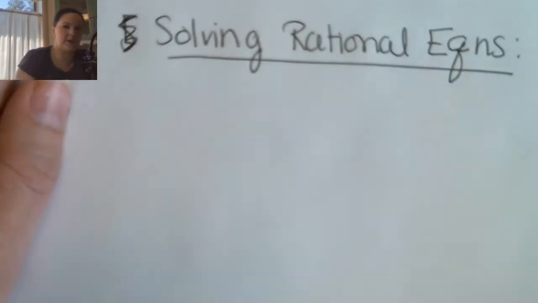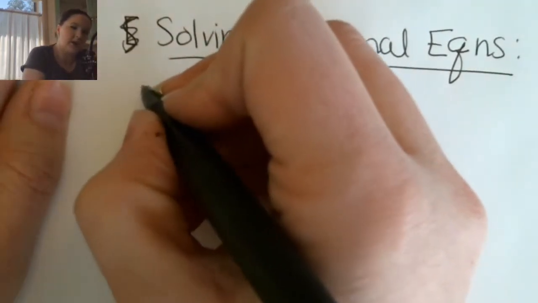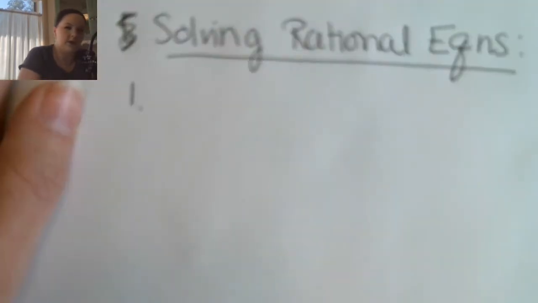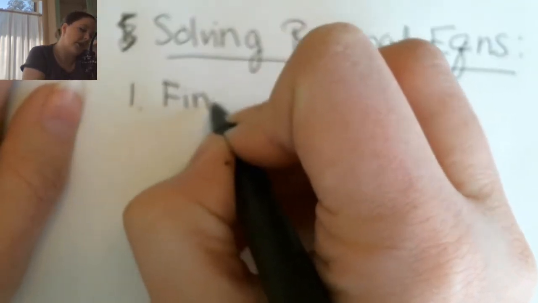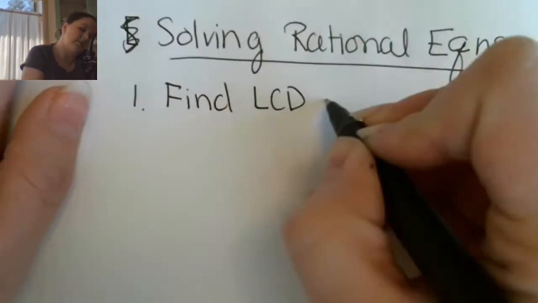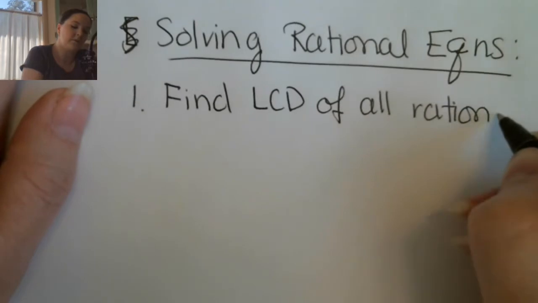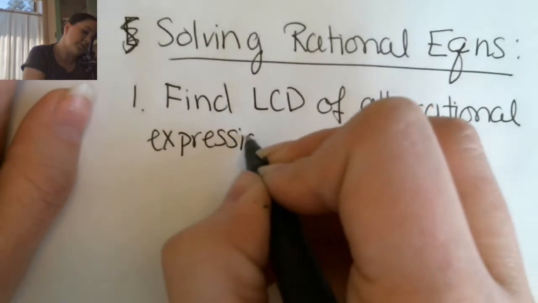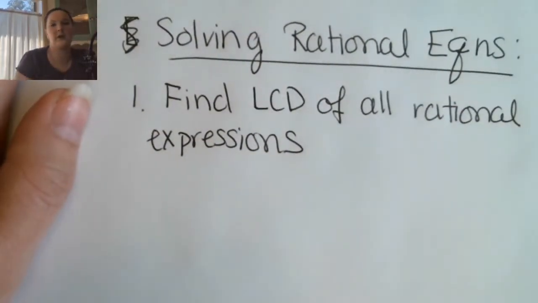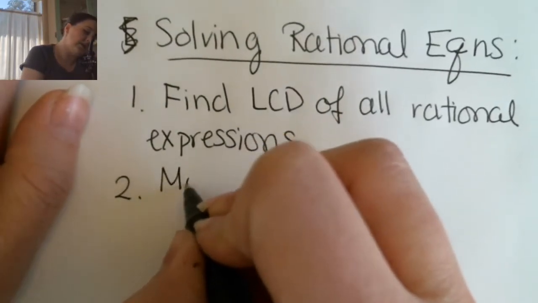Okay, so we're going to talk about solving rational equations. First we'll go over what you do to solve rational equations, and then we'll do an example. The first thing you do is find the LCD of all fractions. Then you multiply both sides of the equation by the LCD.